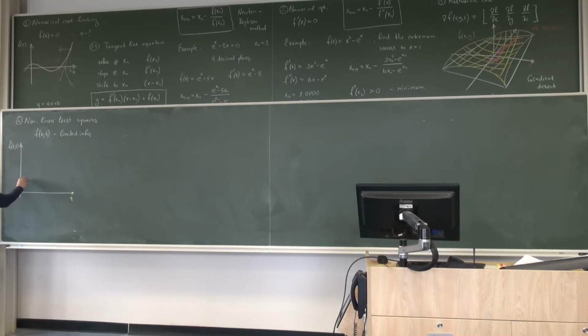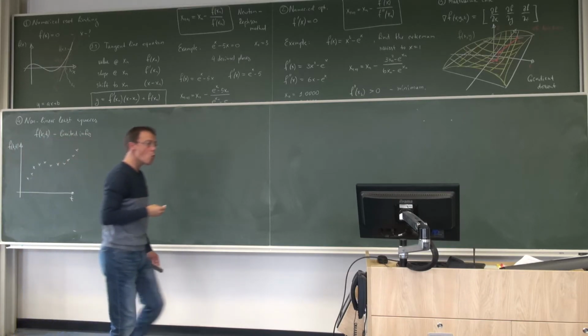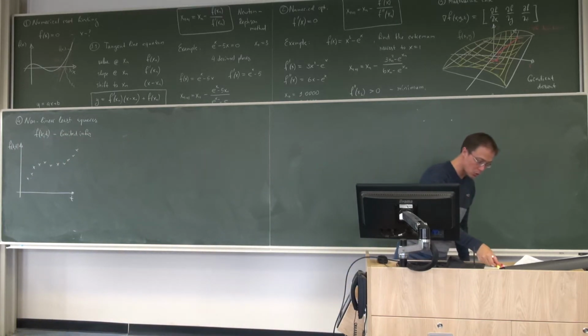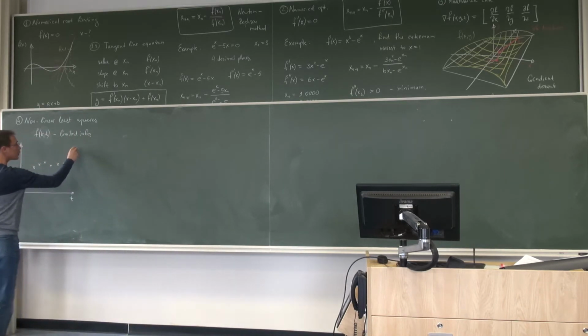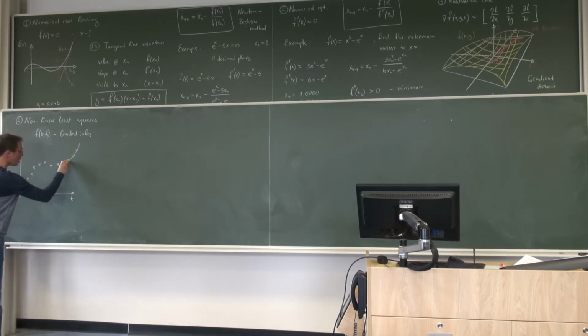And we are given a bunch of points, but it is quite clear that the model is not a linear function. Moreover, we know a priori that this is not a linear function from some physical considerations.